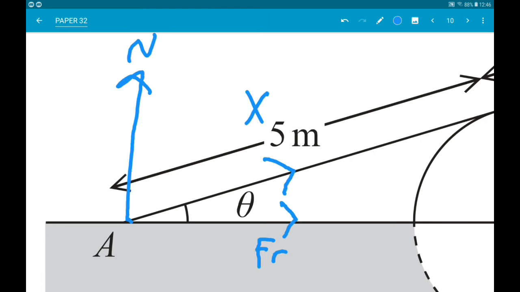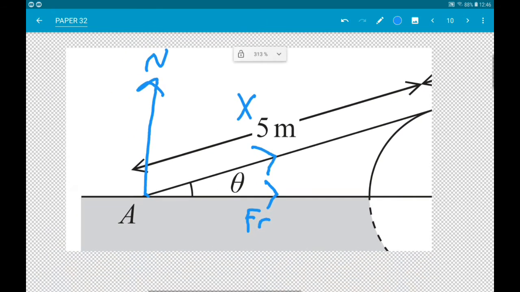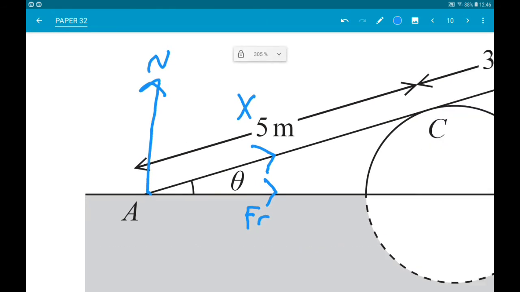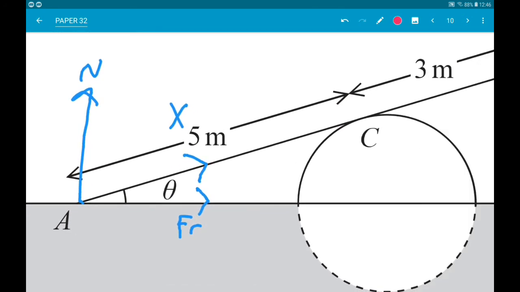So, how are we going to do that? Well, we know that in terms of moments, the weight of an object acts down through its centre.